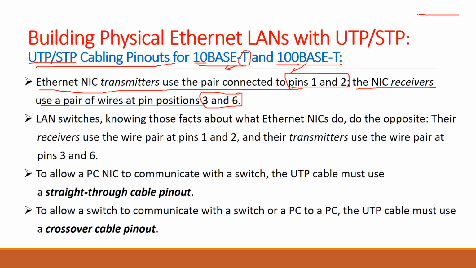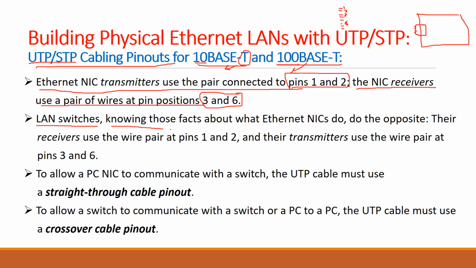So if you have a network interface card with an RJ45 port, it has 8 pins, 1, 2, 3, 4, 5, 6, 7, 8. Pins 1 and 2 are used for transmitting, and pins 3 and 6 are used for receiving.